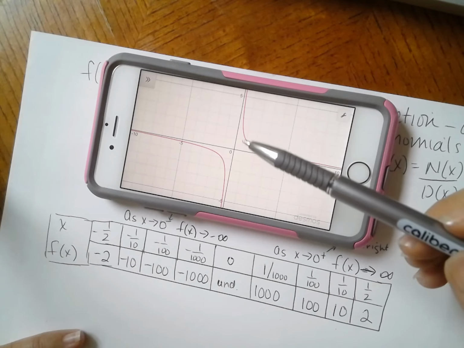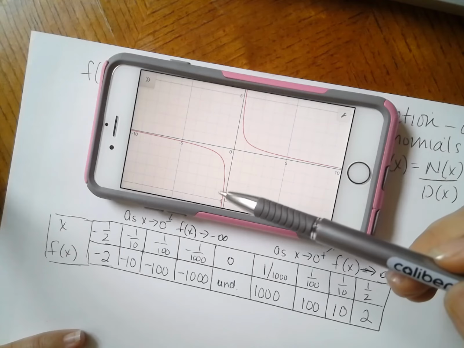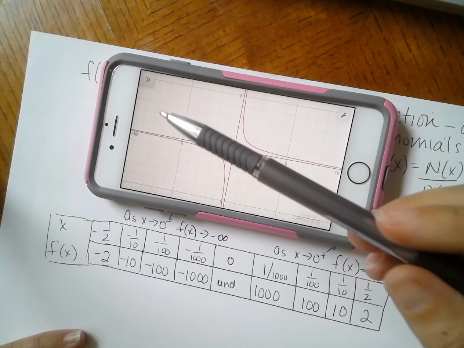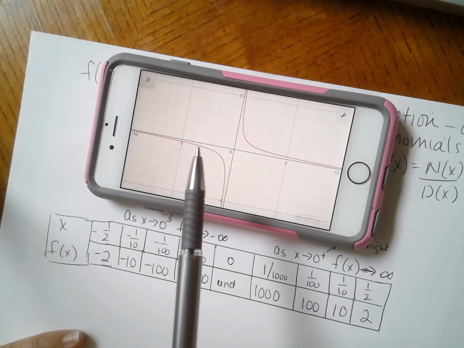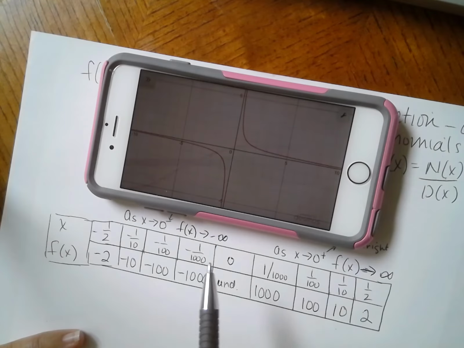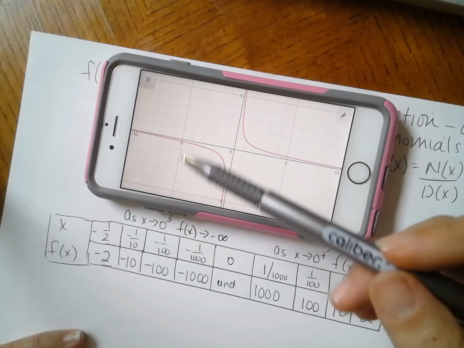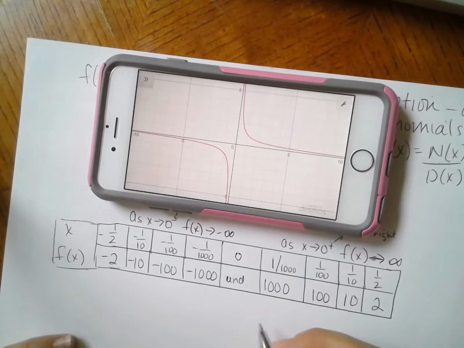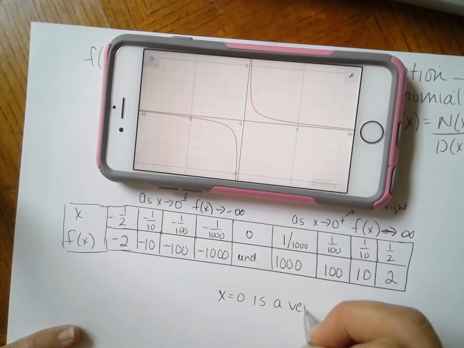That's what happens there, because my graph is never going to touch the y-axis, because x can't be 0, because it's part of my domain restriction. And then as I approach 0 from the left, I'm approaching from this side, and my graph shoots straight down. So that approaches negative infinity. When this type of behavior happens where the domain restriction is, we call this a vertical asymptote. So we're going to say that x equals 0 is a vertical asymptote.